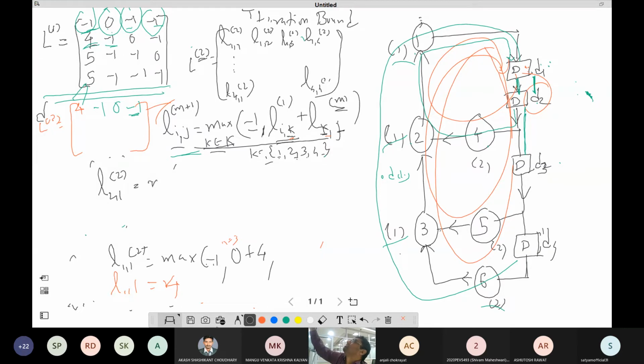So that is maximum of -1. I is 2, J is 1. So put those values. L21 1 plus L1... Five, sir. Very good.